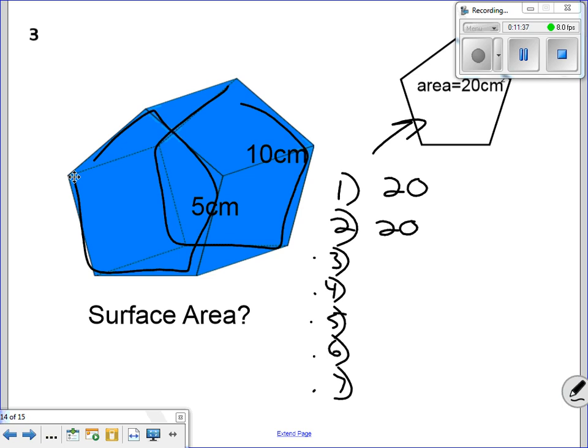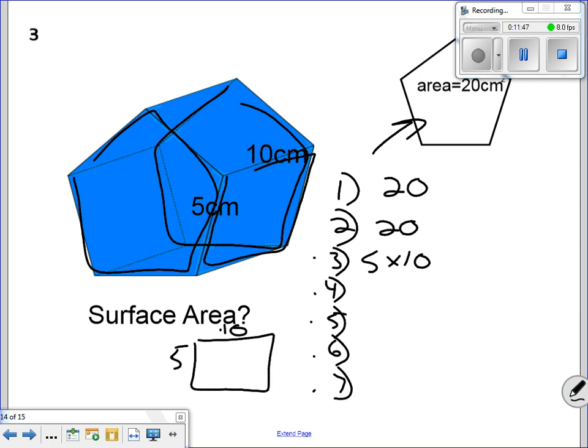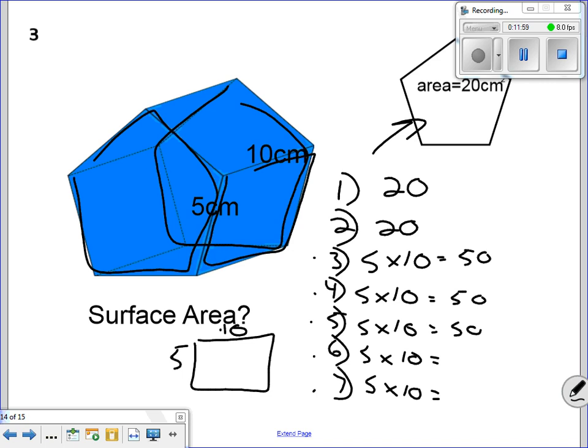What are the dimensions of each of those rectangles? Take a look here. It's 5 and 10. So if I redraw it, it would be a 5 and a 10. So this is 5 times 10. This is 5 times 10. 5 times 10. 50, 50, 50, 50, 50.